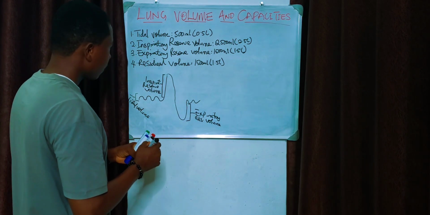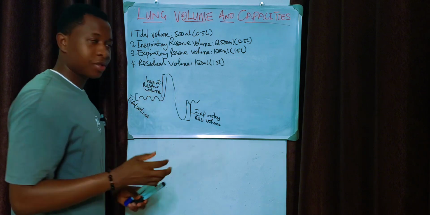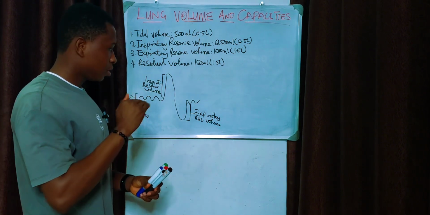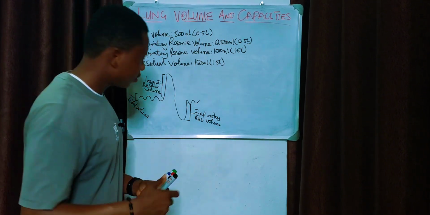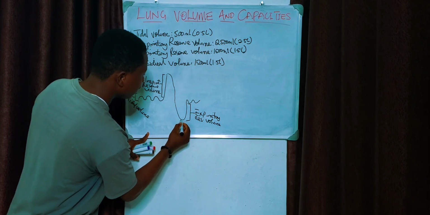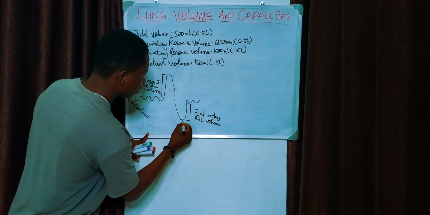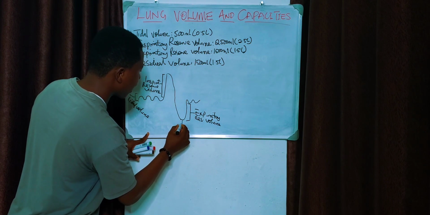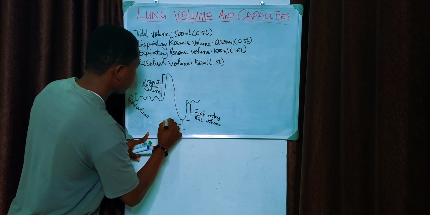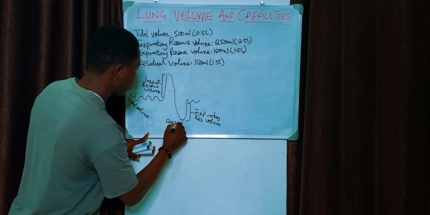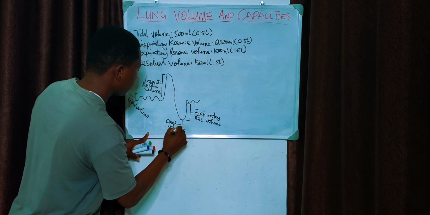Now, where can we find the residual volume? The residual volume is found just below the expiratory reserve volume. So from this point to this point, you would have your residual volume.